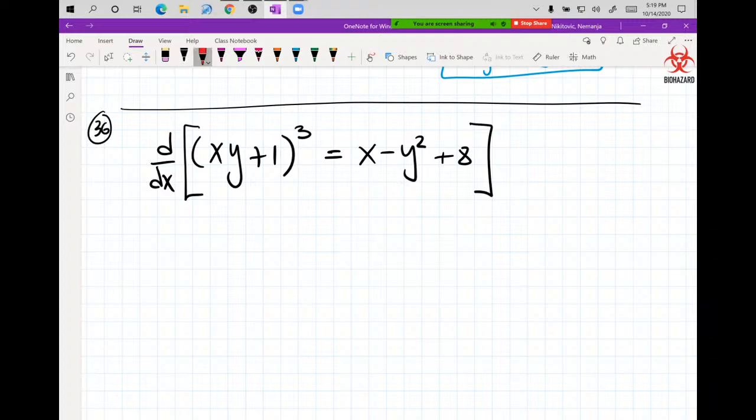I hope we all see the product rule inside the chain, and then you also have to worry about derivatives of y. So if you don't have the product rule, it's immediately no bueno, right? You have to have that product rule going.